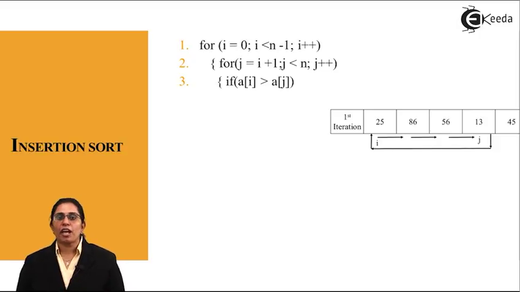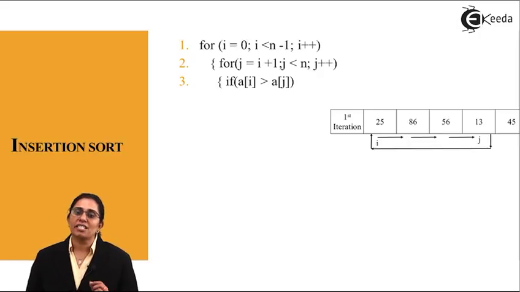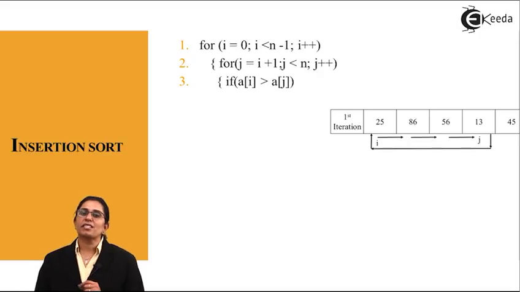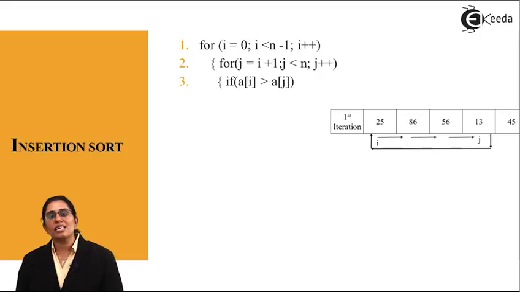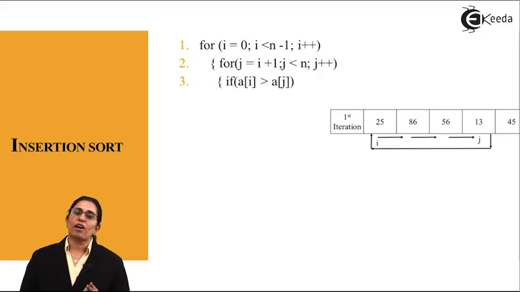If a of I is greater than a of j, that is, a of I is 25, a of j is 86, then we perform the insertion sort. But here we don't have to perform insertion sort because 25 is less than 86.